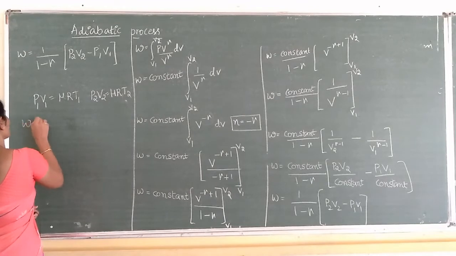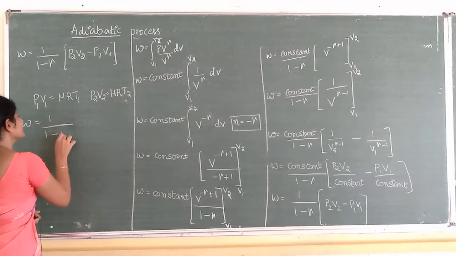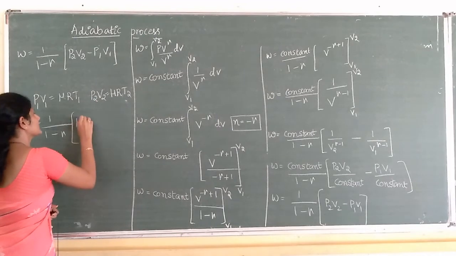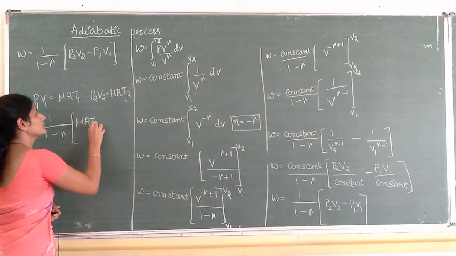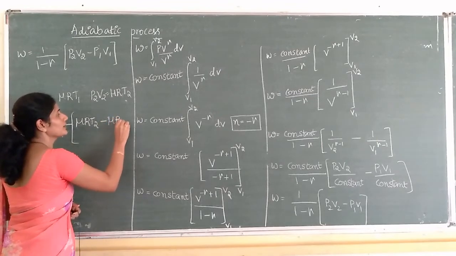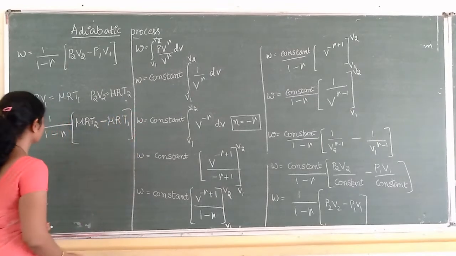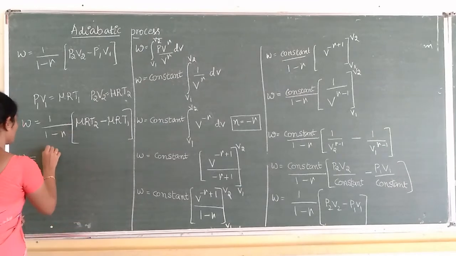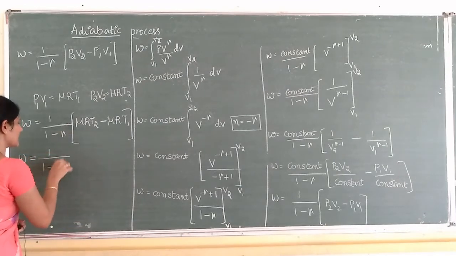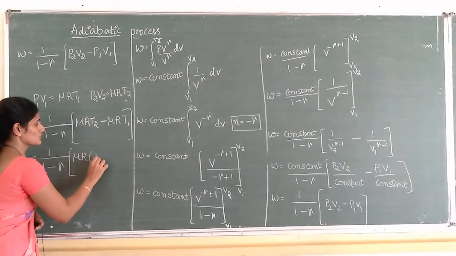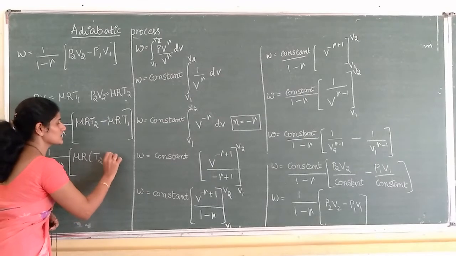So W is equal to 1 by 1 minus gamma into P2 V2, that is mu r T2, minus P1 V1, that is mu r T1. So W is equal to mu r by 1 minus gamma, mu r is common, so we write T2 minus T1.